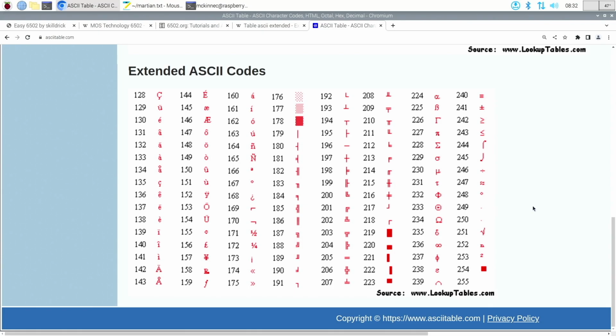Okay, so great, right? We can encode Western European languages, mostly, but not Greek or anything Cyrillic.